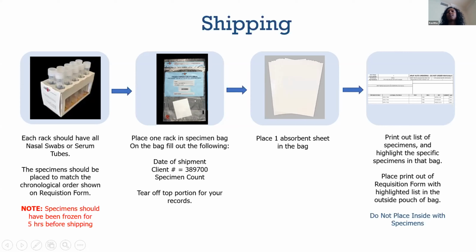So you'd have one list that shows 30 specimens, but you're highlighting the 10 that are in the specific bag. There's actually an outside pouch. So don't put the paper in with the specimens, just in case the specimens leak. You want to make sure it's in the outside pouch of the bag.